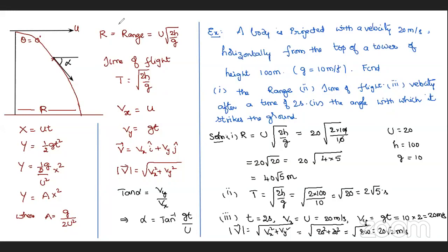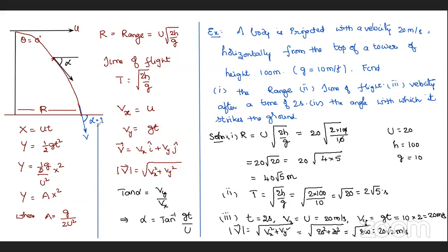Angle with which it strikes the ground means I am asking with what angle it strikes the ground. Suppose this is the direction of velocity, that velocity makes how much angle with the horizontal, identical to this alpha. Here alpha equals how much, he is asking.